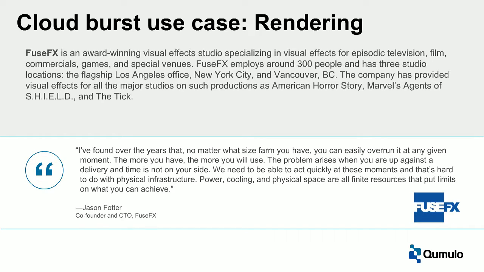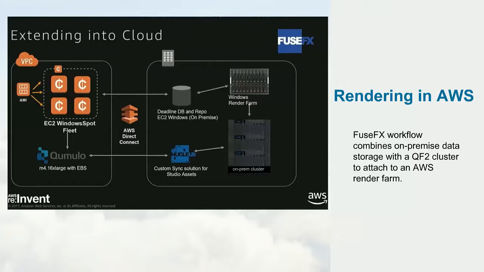which fortunately for them, they already had this workflow built inside of AWS, and this is actually a slide from reInvent, the AWS reInvent show, where they talked about this. And so this workflow allowed them to very quickly spin up tens of thousands of cores into a giant render farm, and basically in a few hours they were able to catch up with all of the rendering that didn't happen overnight.